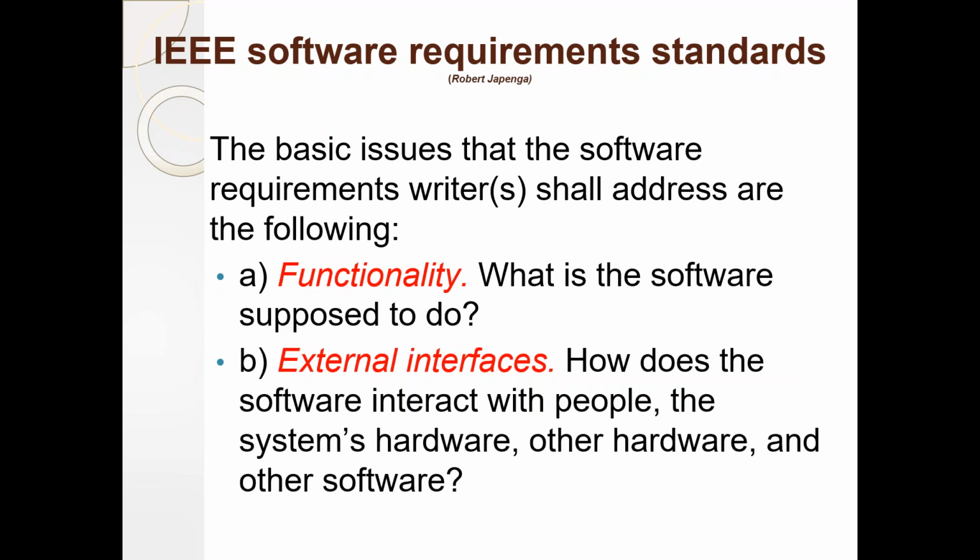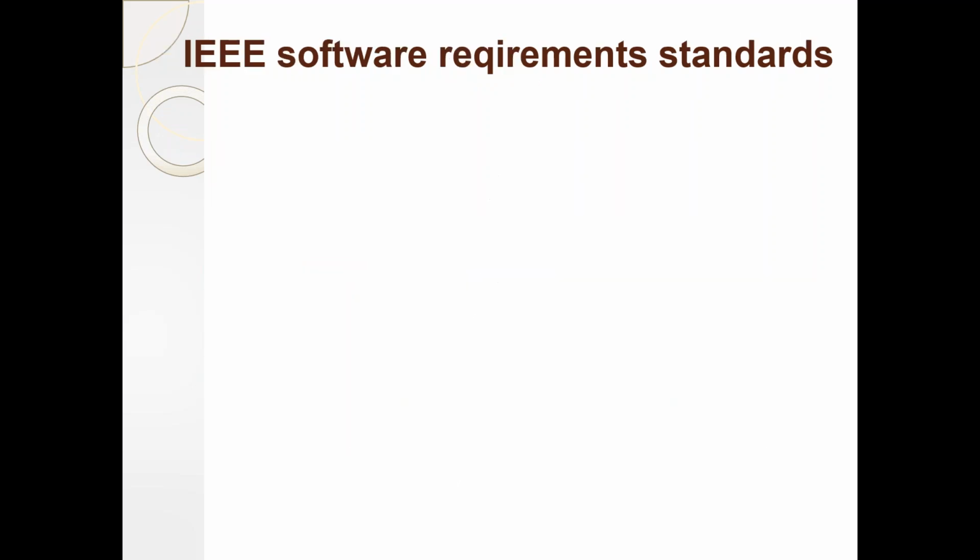It should be able to interact with people, with the hardware on which it is supposed to operate, with other hardware, meaning that it should be able to print or display, that sort of thing, and with other software. It may be able to obtain input from other software or send information as an output, which would be an input to other software. So it has to be able to interface.